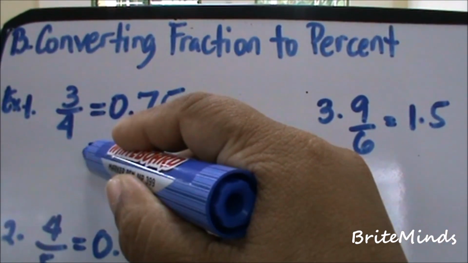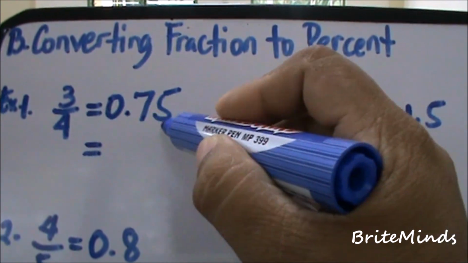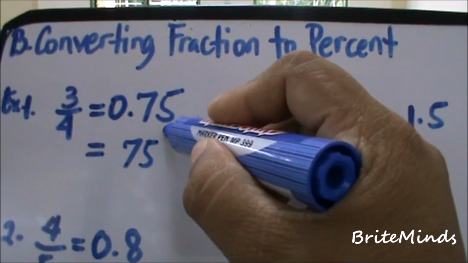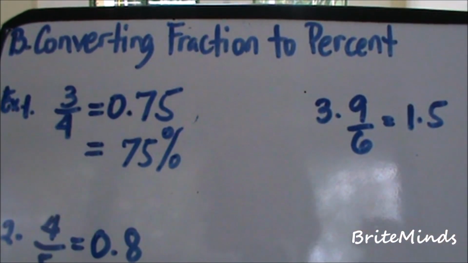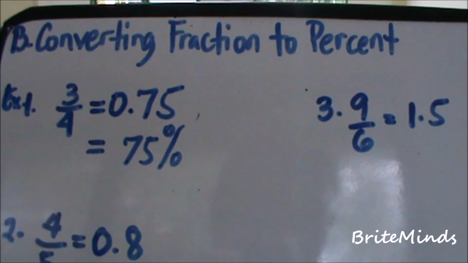Okay, write it down here. So when we move it to the right, this will become 75%. Okay, so there's another way also of doing it.